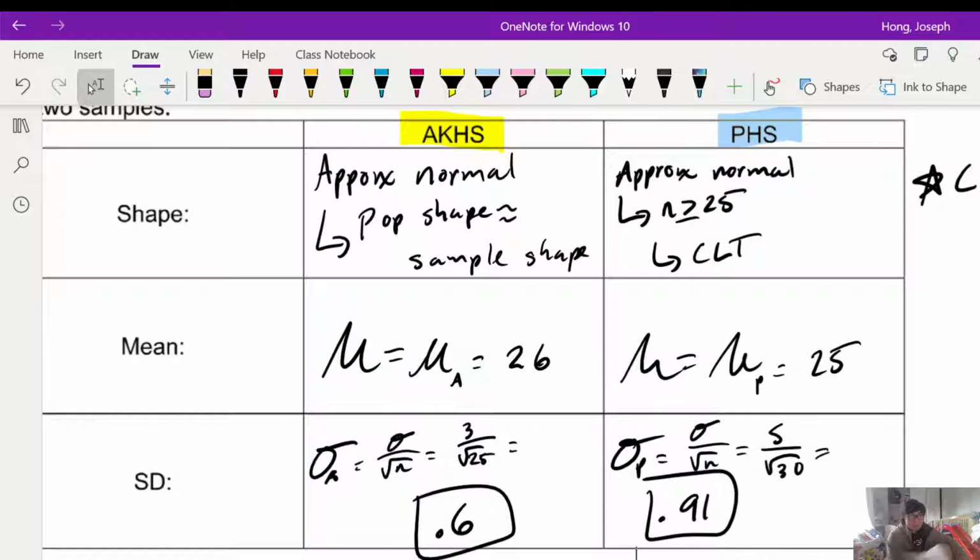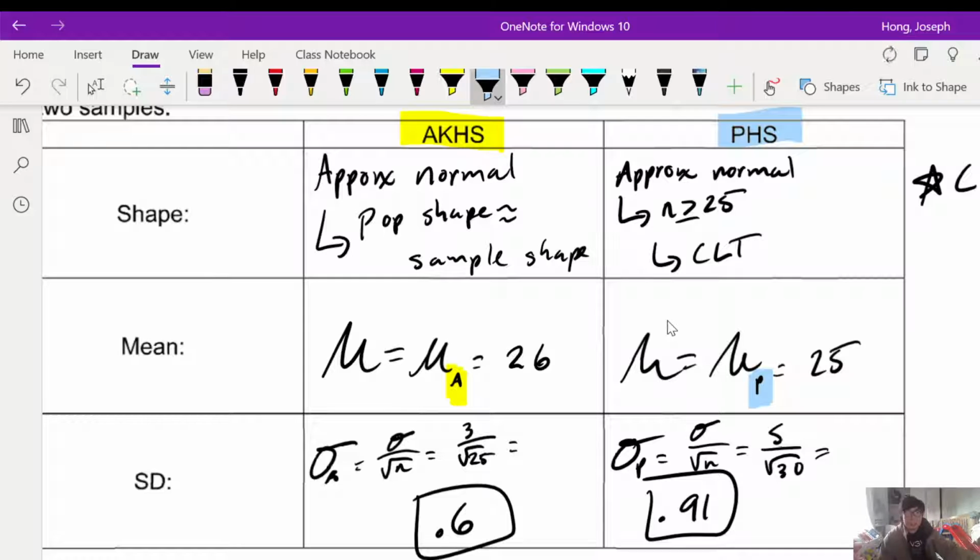That means the mean of the population is equal to the sampling distribution's mean. That's why I labeled this mu of A, which is AKHS, and mu of P, which is PHS, is 25.